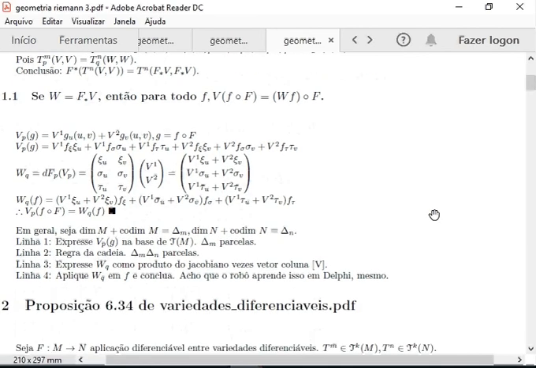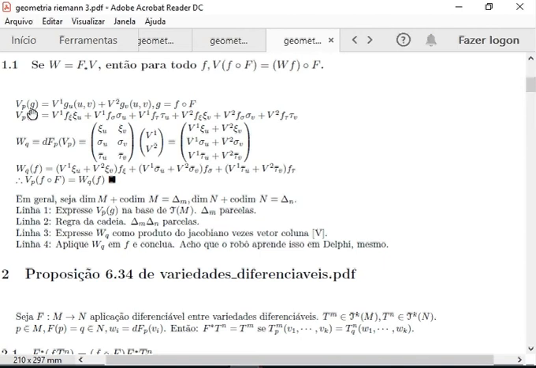Now we're going to prove that if W is equal to the pushforward of V, then for all functions F, V applied to F circ big F is equal to W F circ big F. Don't worry!